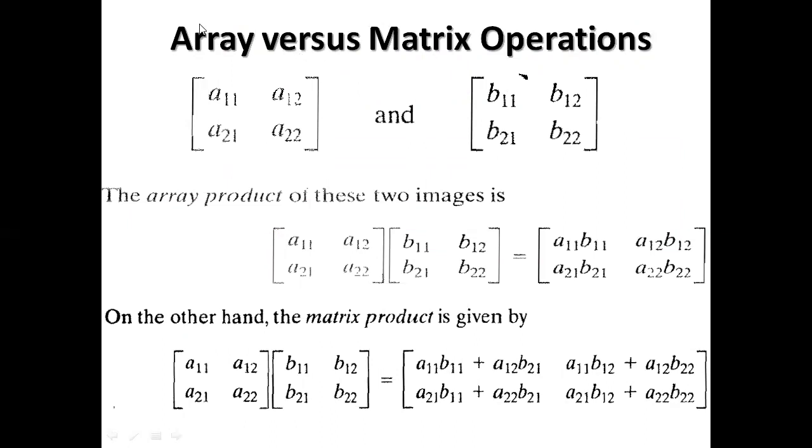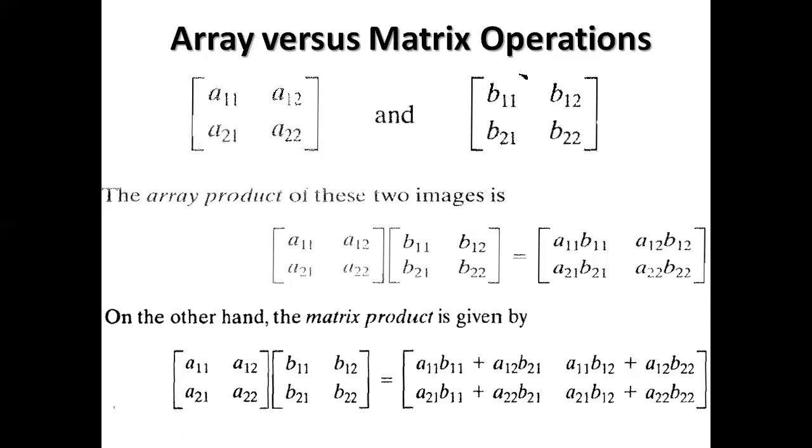Here, array versus matrix operations. Suppose you are taking two arrays, A11, A12, A21, A22 and B11, B12, B21, B22. Remember this point: each image is represented in the form of a matrix.